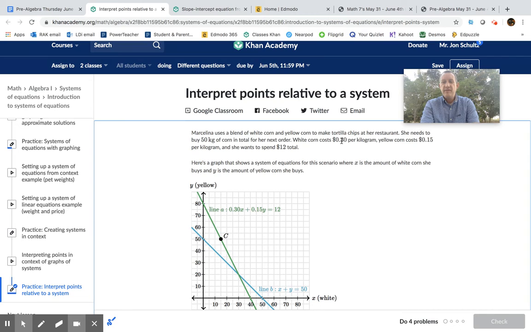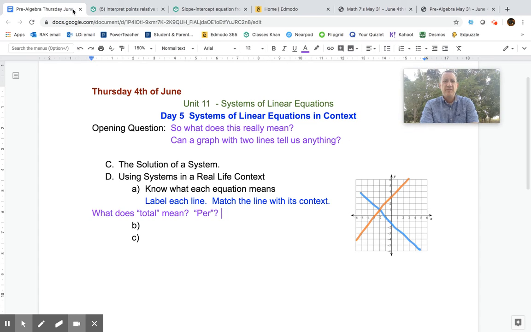So sure enough, 30 cents per kilogram for white corn, we have 0.30x. That was the coefficient of x, which means it's the slope of x. So the word per means that you're going to be multiplying by one of your variables. Per means the rate.